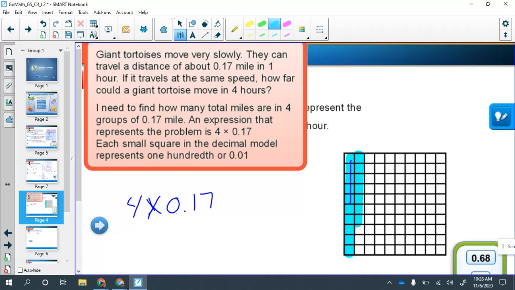I would leave those 3 at the bottom there. That's group number 1. Now for group number 2, I have these 3 hundredths right here, plus a tenth, that's 13 hundredths, plus 4 more is 17 hundredths. So that's group number 2.